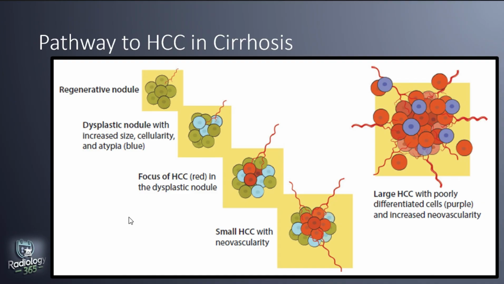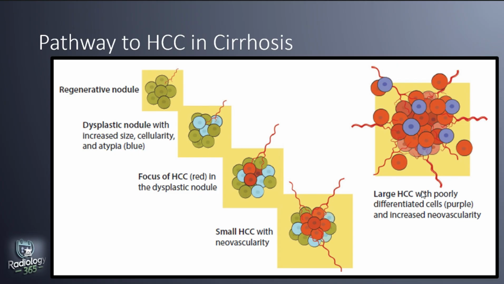So let's begin by understanding how hepatocellular carcinoma develops, especially in cirrhotic livers. It's a stepwise process from regenerative nodules to dysplastic nodules and finally to full-blown hepatocellular carcinoma. This progression reflects increasing cellular atypia and angiogenesis, as we can see the neovascularity that occurs during the hepatocellular carcinoma formation.